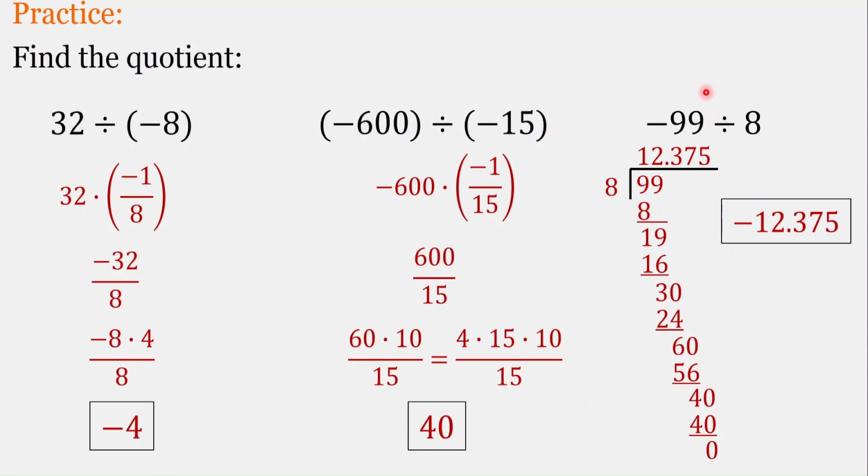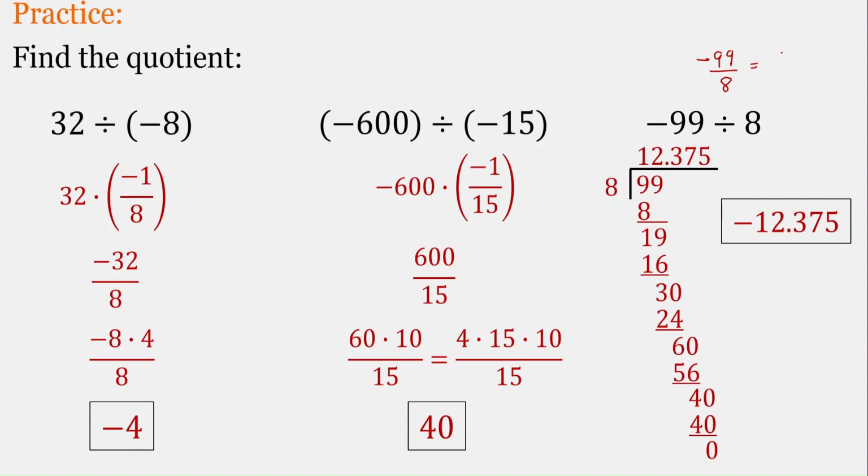For this third one, I went ahead and used long division to get a decimal answer. Much more difficult that way. But if we convert this to a fraction, it is negative 99 divided by 8. We can look at some type of factoring.